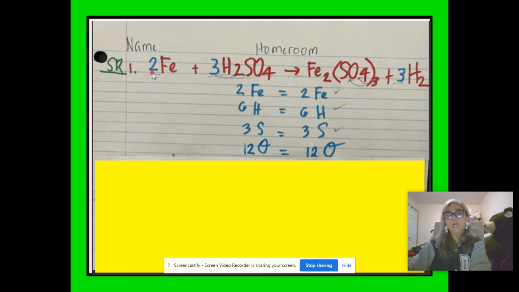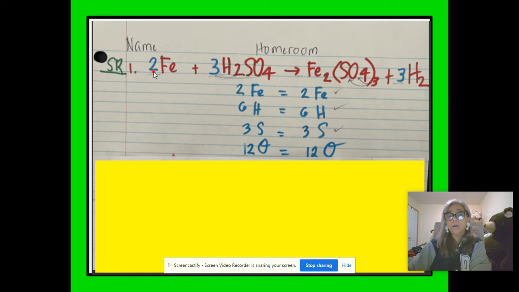So you are now putting in numbers before the formula. So you are now manipulating the coefficients. Never put a number here for, let's say, Fe2. No. So you do not change the subscripts. Okay. So these are fixed.